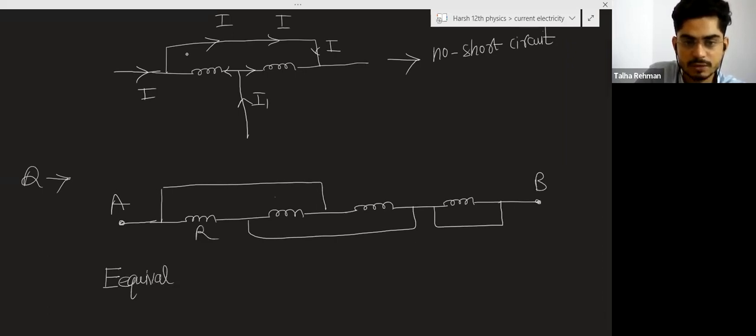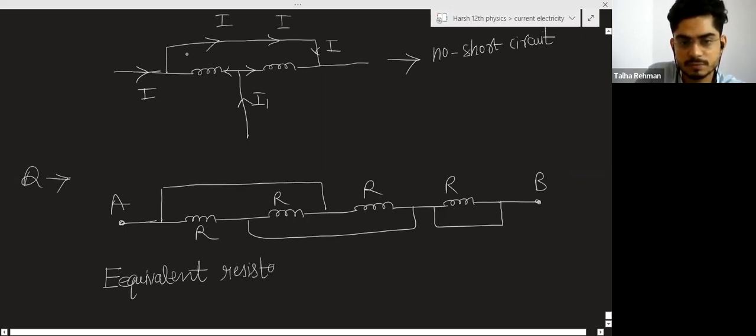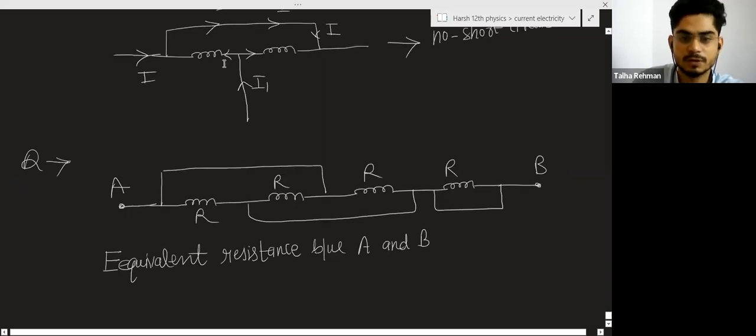This is R. All resistances have the same value. Equivalent resistance between A and B we have to find.